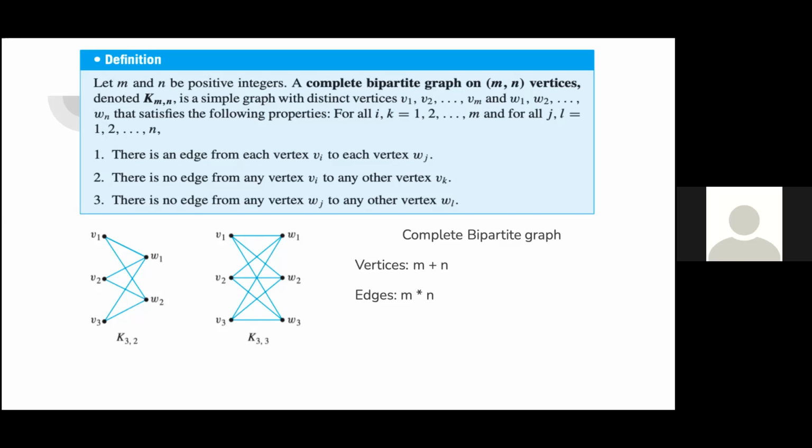And how many vertices? That is easy to understand. We have m vertices in set A and n in set B, so we just add them together. Next, Tim is going to explain subgraphs. That's it.